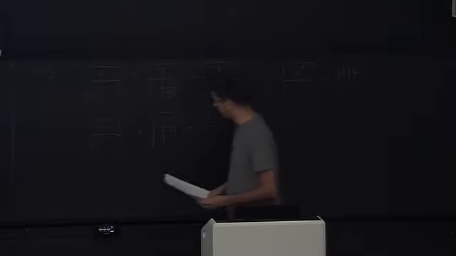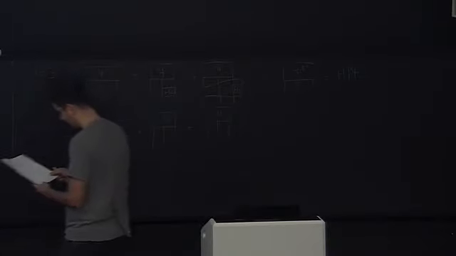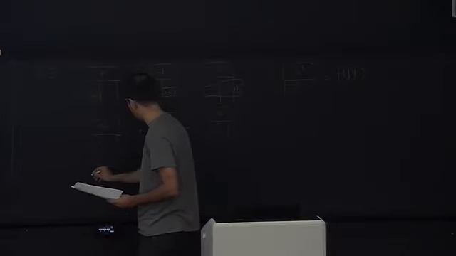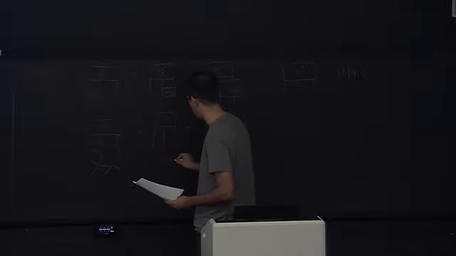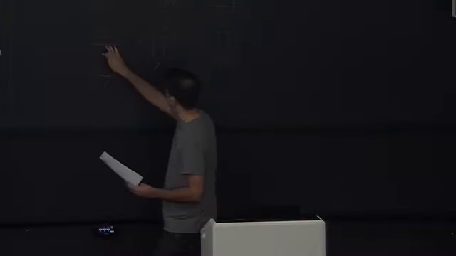Now I'm going to do something else, which is I'm going to permute. I'm going to take the first index to the last one, and I'm going to do the same here. Then I'm going to do nothing on the first copy.